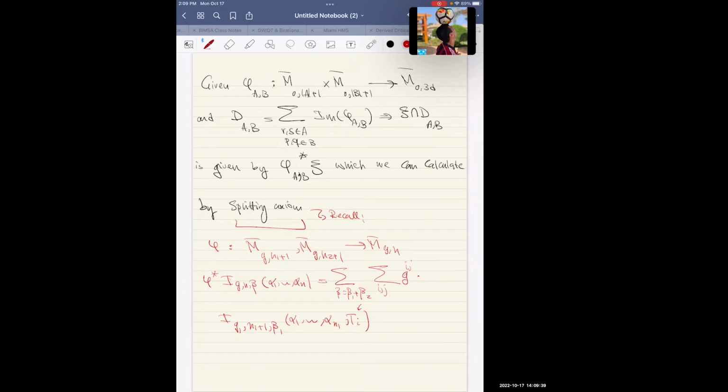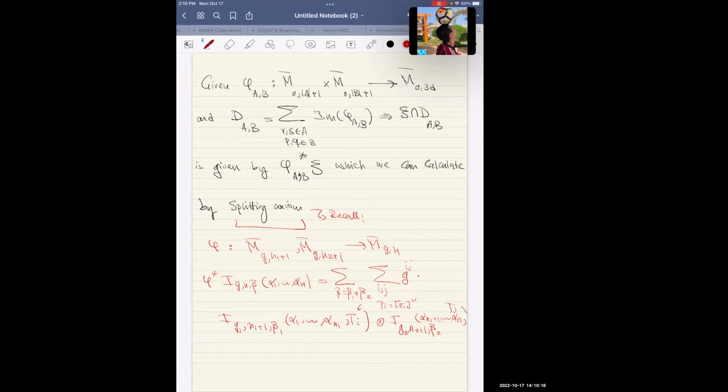That extra point needs to lie somewhere. And this Ti is the cohomology class, the Poincare dual of the cohomology class of the locus where the additional point lies. And then it's tensored with the other Gromov-Witten class, I g2, n2 plus 1, beta 2 of alpha n1 plus 1 all the way to the last point alpha n, and then Tj.